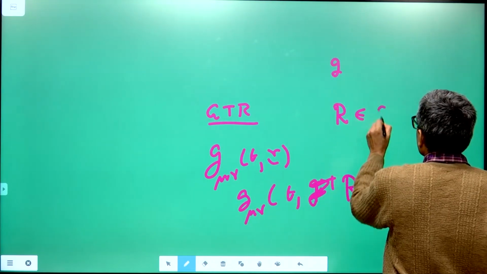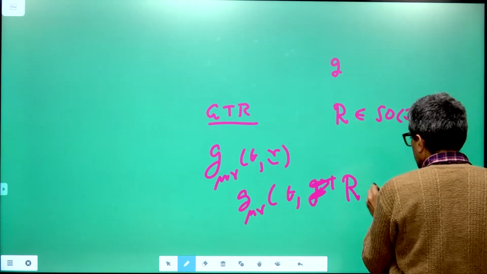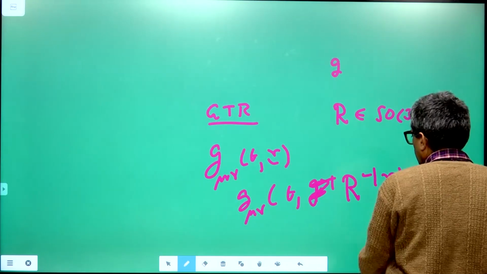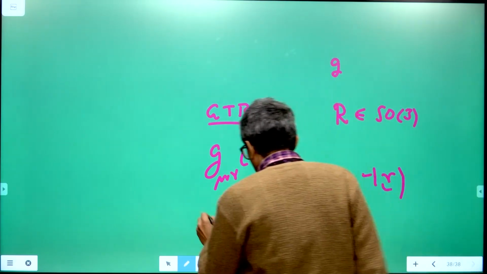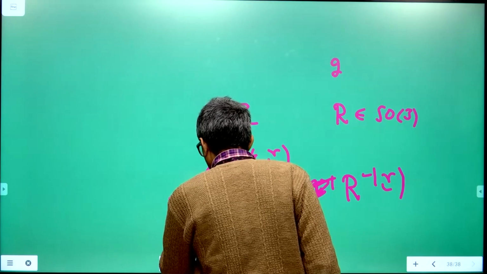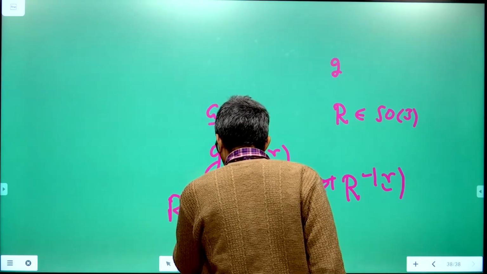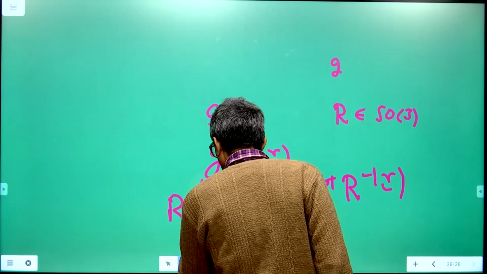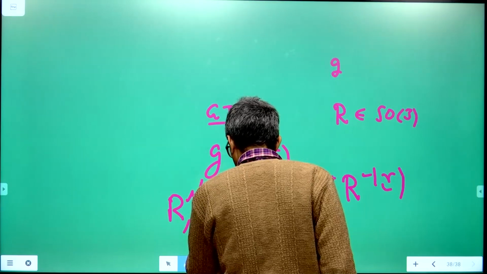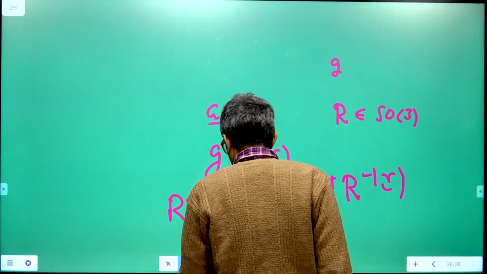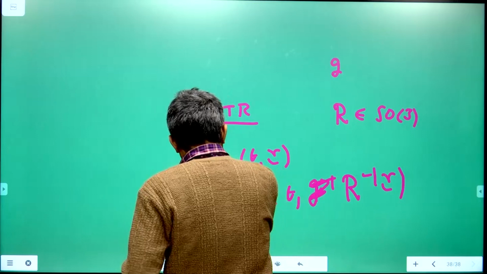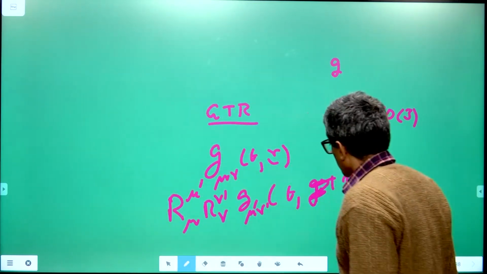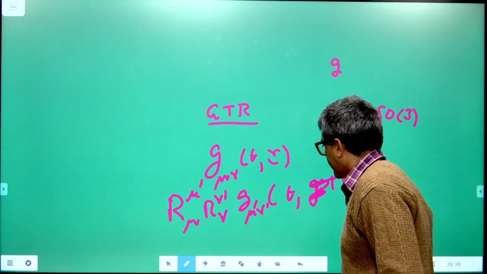I use R for an element of SO(3). So under rotation R, the metric will also change correspondingly. It will be R(mu' mu) R(nu' nu) g_mu'nu'. So it becomes a representation of the rotation group acting on the space of metric tensors.